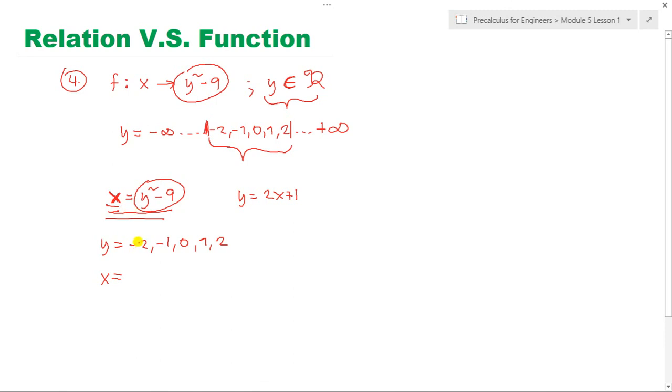So let's say for -2: -2 squared is 4, minus 9 is -5. Next one, -1 squared minus 9 is -8. Then 0 squared is 0, minus 9 is -9. 1 squared is 1, minus 9 is -8. And then 2 squared is 4, minus 9 is -5.